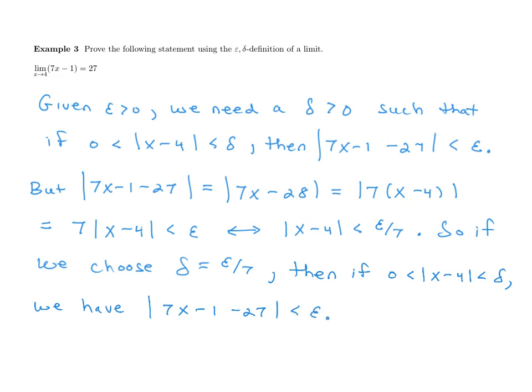At this point, this proves the limit as x approaches 4 of 7x minus 1 is 27. And the reason is we found some delta distance around 4 such that all of the y values are some epsilon distance around 27.